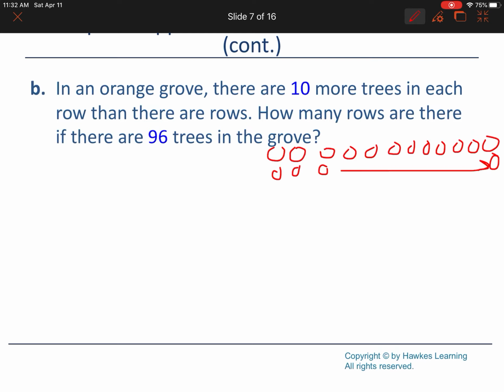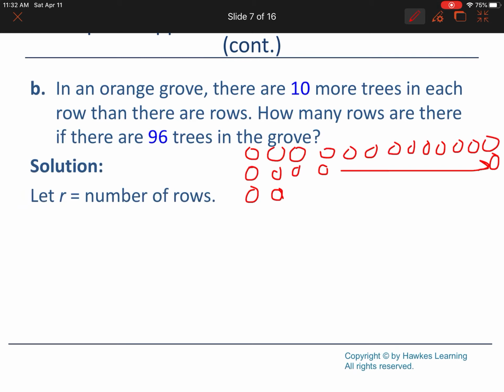So whatever number of rows I pick, if there are 3 rows, then there would have to be 13 in each row, right? If there are 4 rows, there would have to be 14 in each row. So I'm just going to say R is my number of rows. And so how many trees are in each row? Well, that means R plus 10.